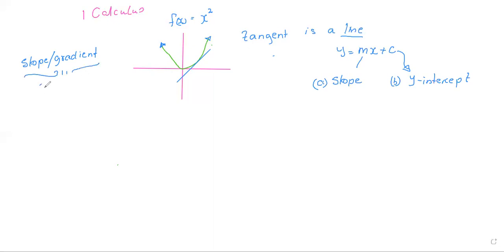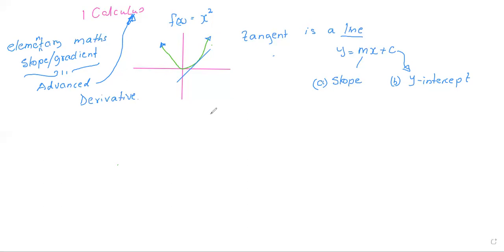In advanced mathematics, which is of course calculus, we talk of the derivative. Now let's see what happens. So basically, when you talk about the slope, talk about the derivative.